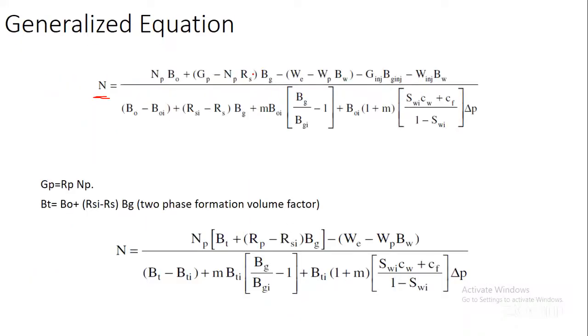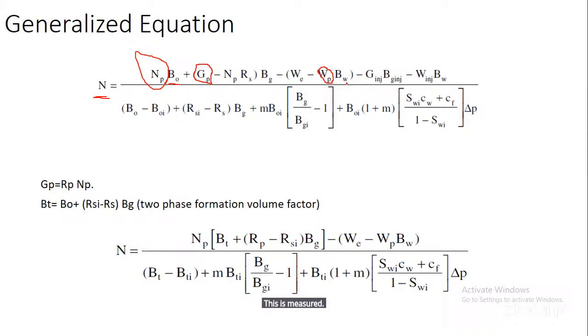If you look at these terms, actually, I need the production data of oil. I need beta O, which is the PVT data. Beta G is PVT data, R is PVT data. Gp, the production of gas, this is measured. Wp, which is the produced water, this is measured.